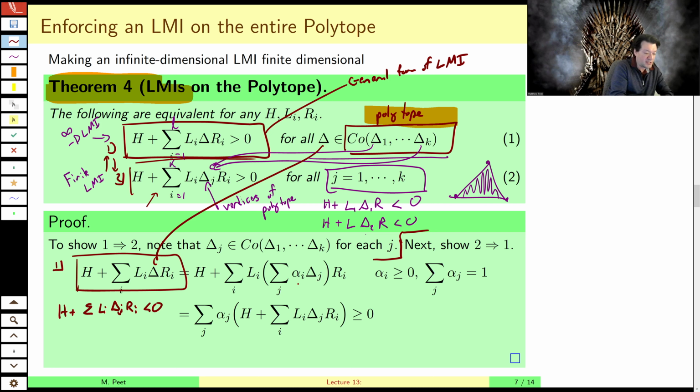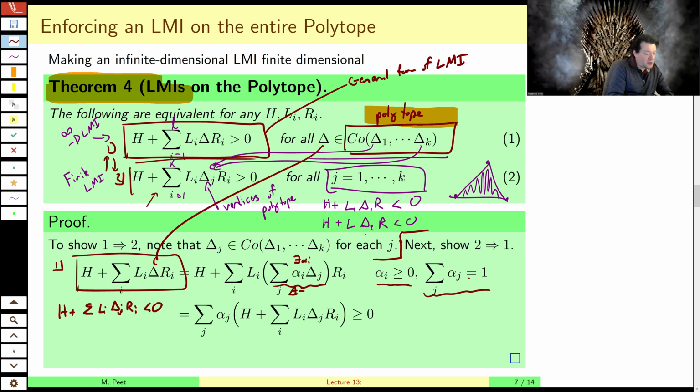So we know that there exist alpha_i such that delta equals this summation, and those alpha_i satisfy, just by the definition of the convex hull, that the alpha_i's are greater than 0 and they add up to 1.